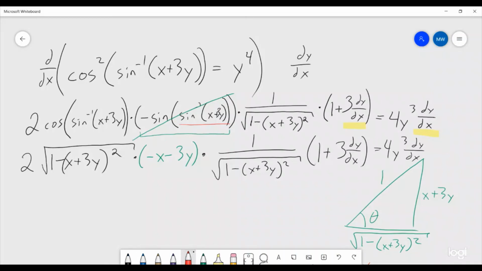Now, this term cancels with this term, which makes our lives much, much nicer.